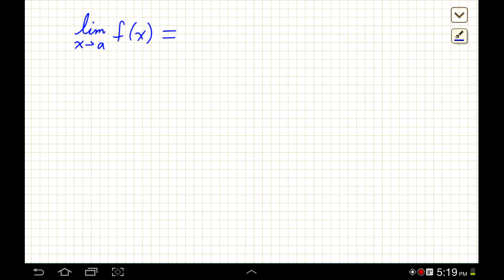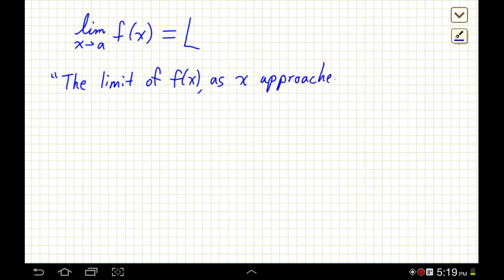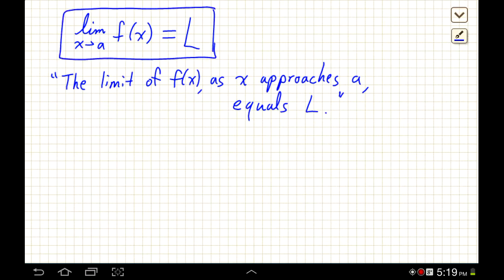And we say this limit would attain some number, which we'll just call L. So verbally, it means the limit of f of x as x approaches a equals the number L. Another way of saying it is as x approaches a, f of x approaches L. So these are identical to one another.